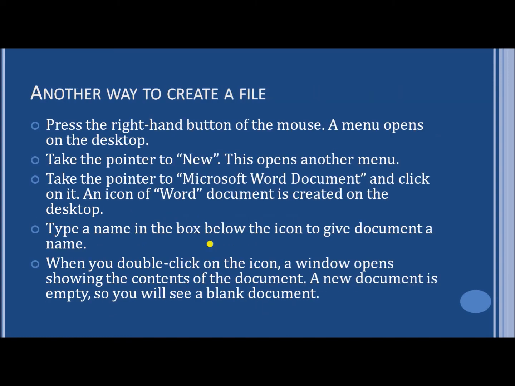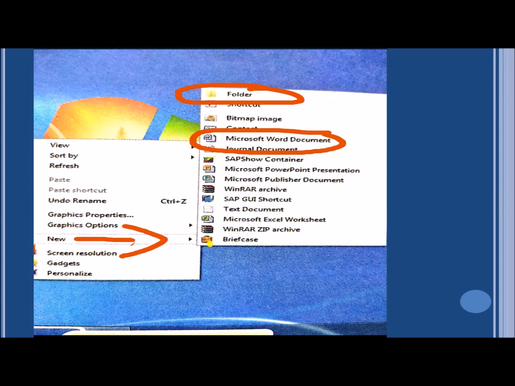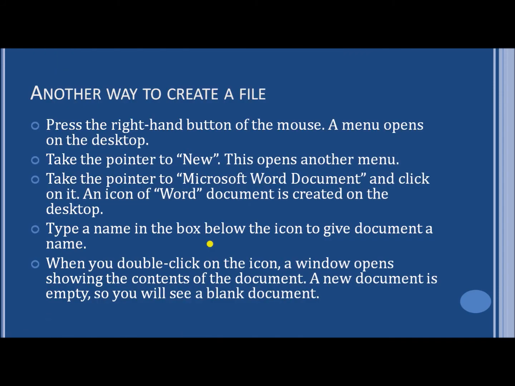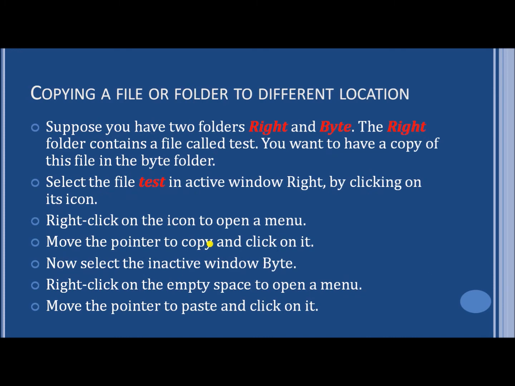That was the part where we created a file, how we created a Word file, and how we created a folder. Now there comes another part of this chapter, and that part is how you can copy a file or folder to a different location.